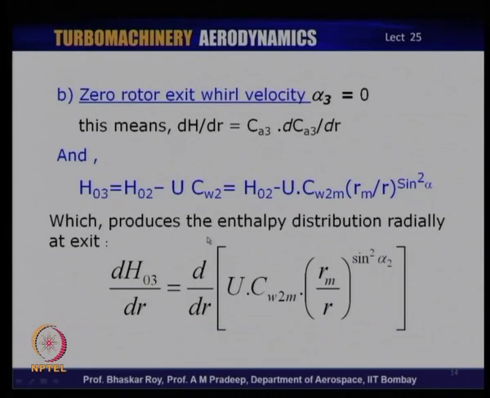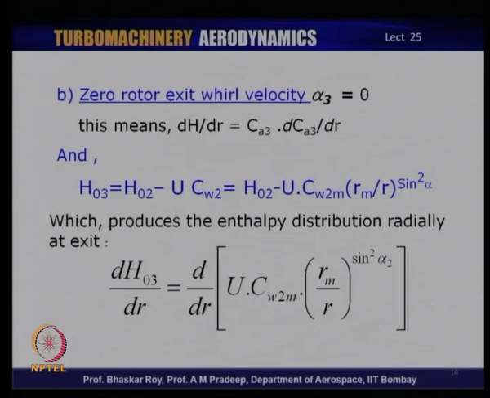Now, this produces the enthalpy distribution radially at the exit as d H d r equal to d by d r of u into C W 2 m into r m by r to the power sin square alpha 2. So, this is how you get the enthalpy variation radially.